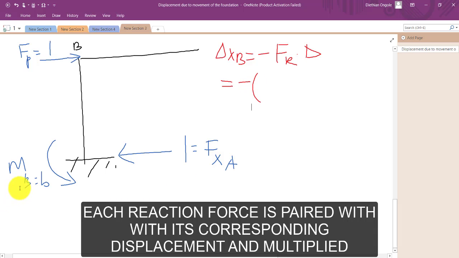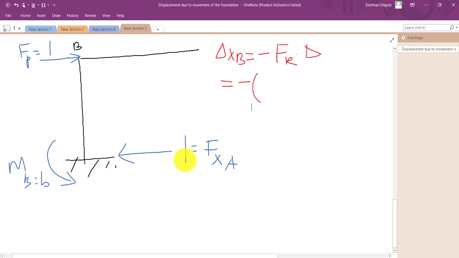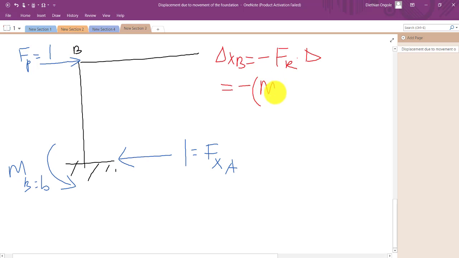We have the MB, and then we have the FXA. So that means we are having MB times its displacement, let me call it theta A, plus FXA, then times the displacement which is given by delta XA, like that.